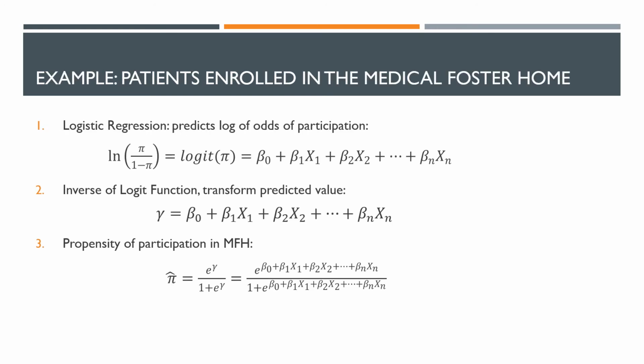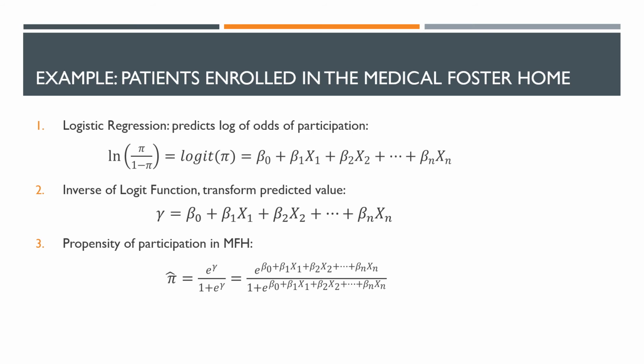Now that we've calculated the Logit, we can use it in an example. In this example, I will use what I talked about before, patients enrolled in the Medical Foster Home, or the MFH. First, we need to determine the logistic regression.